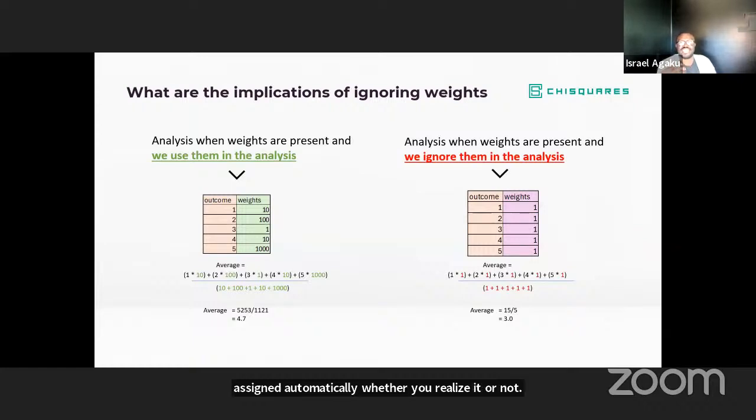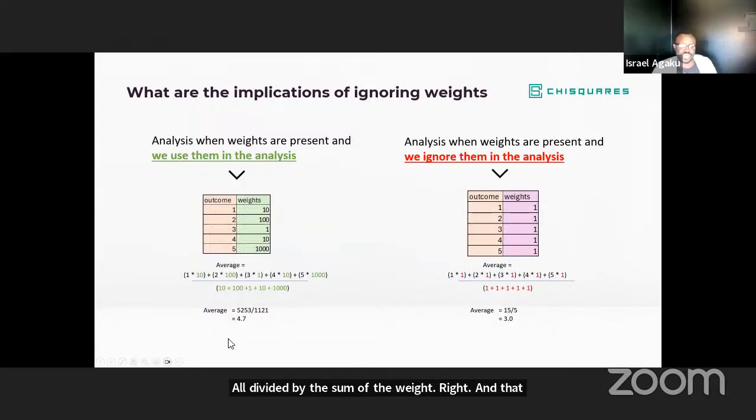So when analyses are not weighted, that's an indirect way of saying that everybody has a weight of 1. So unweighted analysis means everybody has a weight of 1, at least that's what the analysis assumes. So here you are saying 1 times 1 plus 2 times 1 plus 3 times 1 plus 4 times 1 plus 5 times 1, all divided by the sum of the weights. And that gives you 3.0.